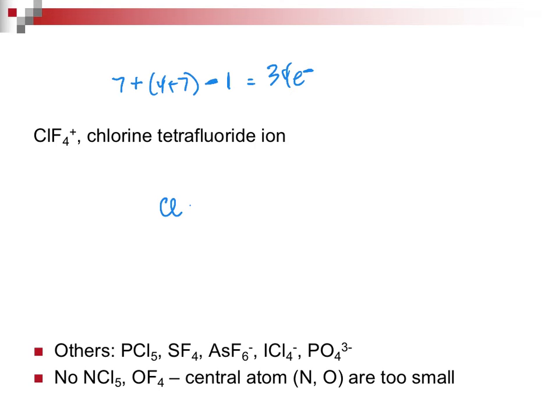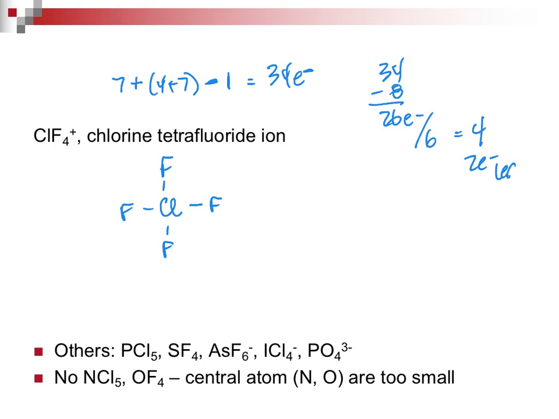I will put chlorine there, and I'm going to draw the bonds in right away because that just makes my life easier and your life easier to look at. 34 minus 8 is 26 electrons. So remember I said something about 6 electrons around each terminal? Well, 6 into 26 goes 4 times, and there are 2 electrons left. That's the math. But let me draw in all those electrons.